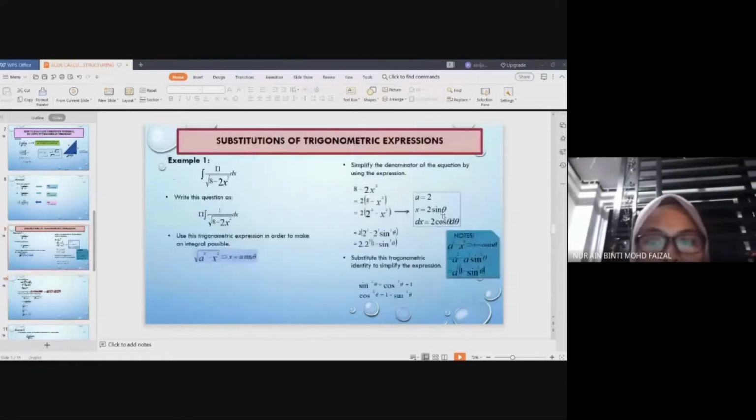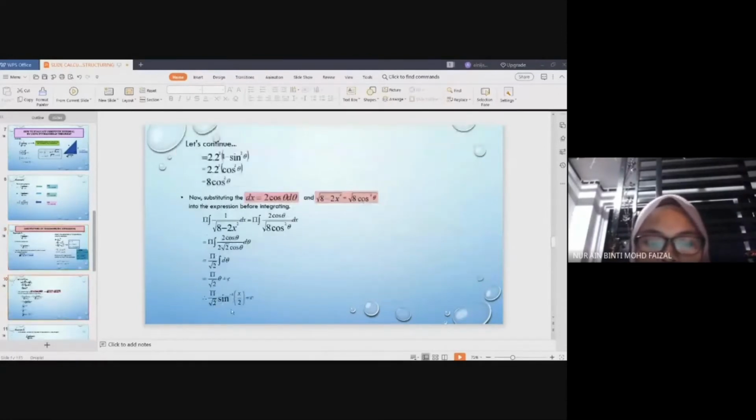You just move the 2 sine to the left side, which gives theta equal to inverse sine of x over 2. Just substitute the value into theta and we get this final answer, but don't forget to write plus c.